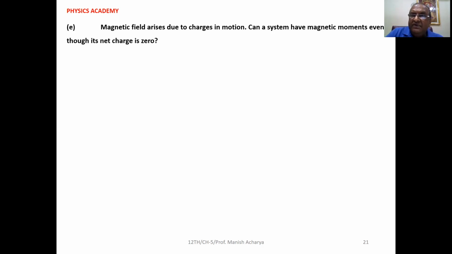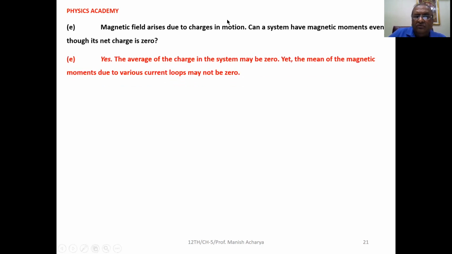So even if the net charge of the system is zero, the motion of charges can produce a magnetic moment. Clear to all of you?